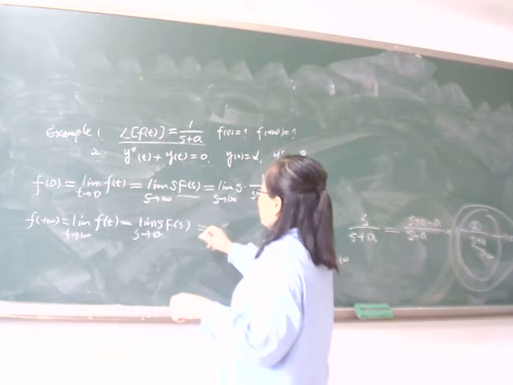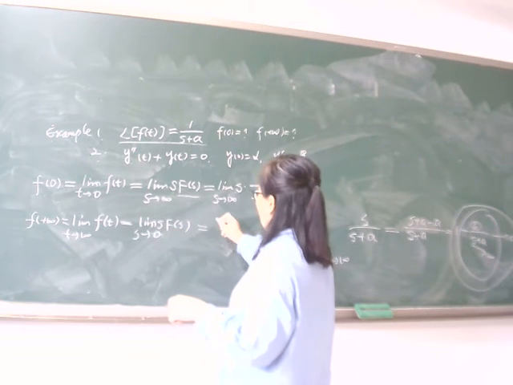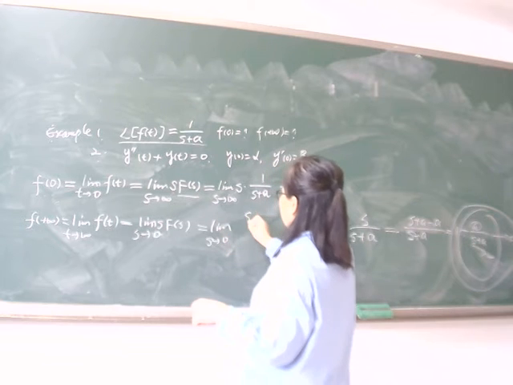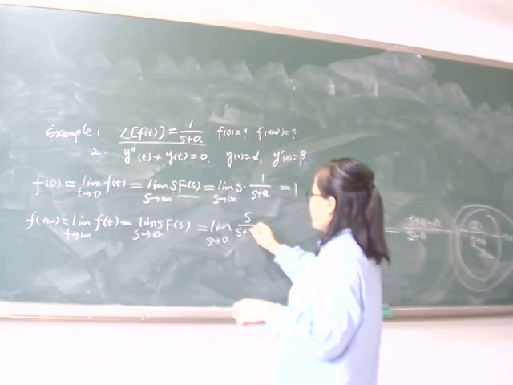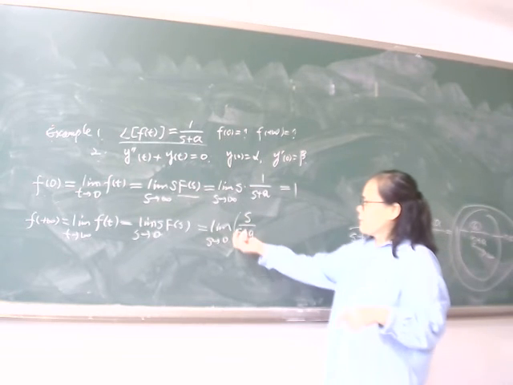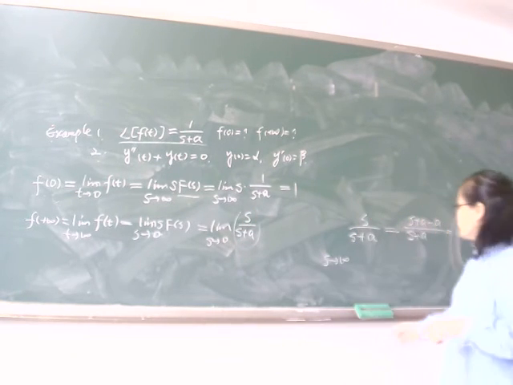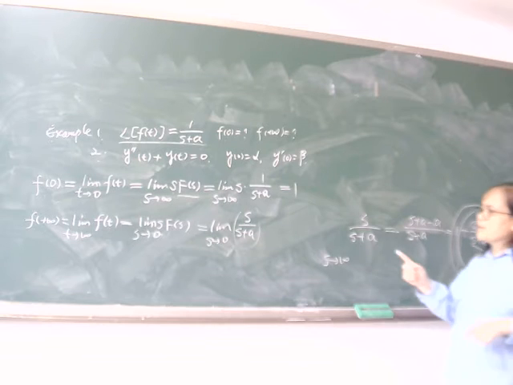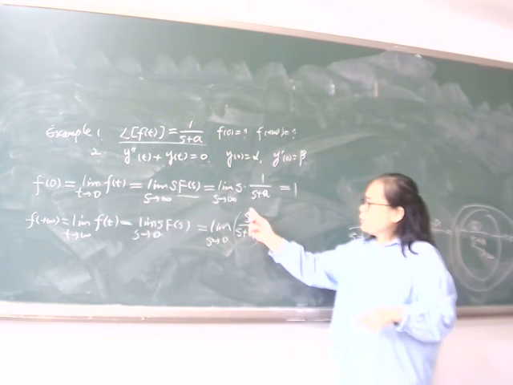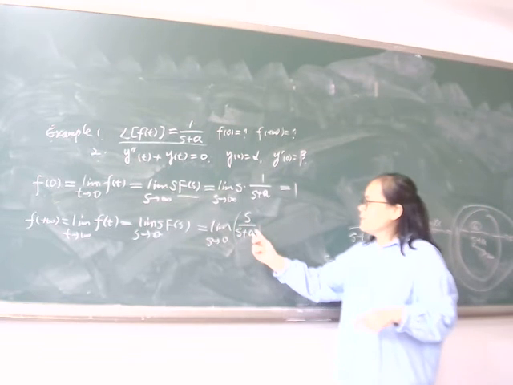Here also s plus a, you can see here. Now for this fraction, we need not do it like this, because s tends to 0. So this part is 0, and this part is a.